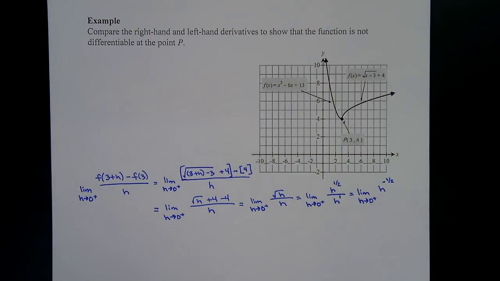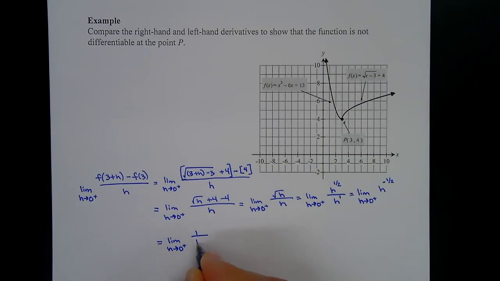It means 1 over h to the positive 1/2. So this is the limit as h approaches 0 from the right of 1 over h to the 1/2, and h to the 1/2 is the square root of h. So this is equal to the limit as h approaches 0 from the right of 1 over the square root of h.